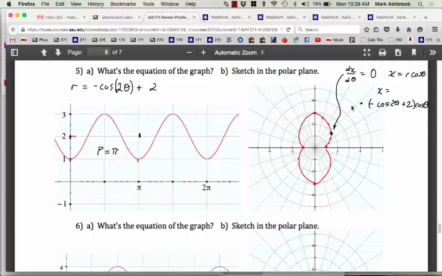Okay, so what's dx d theta? We could do product rule.